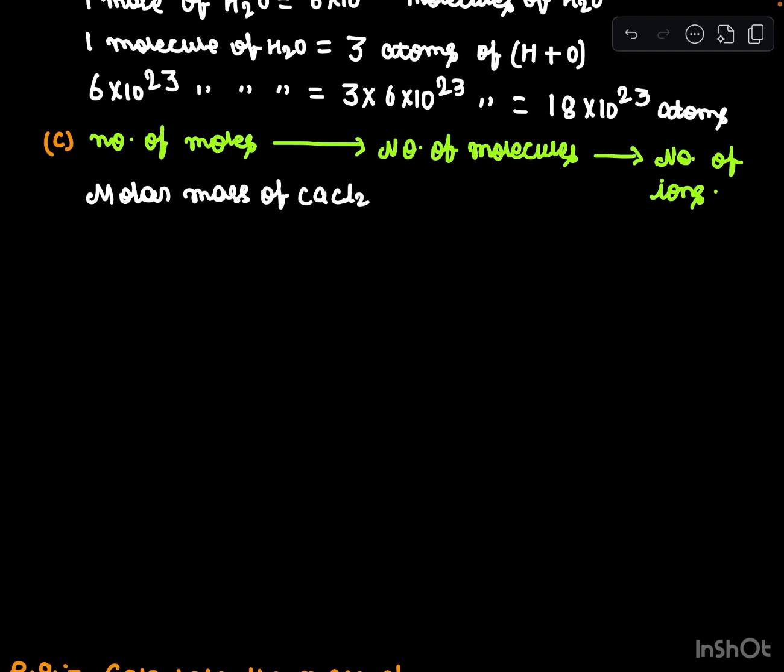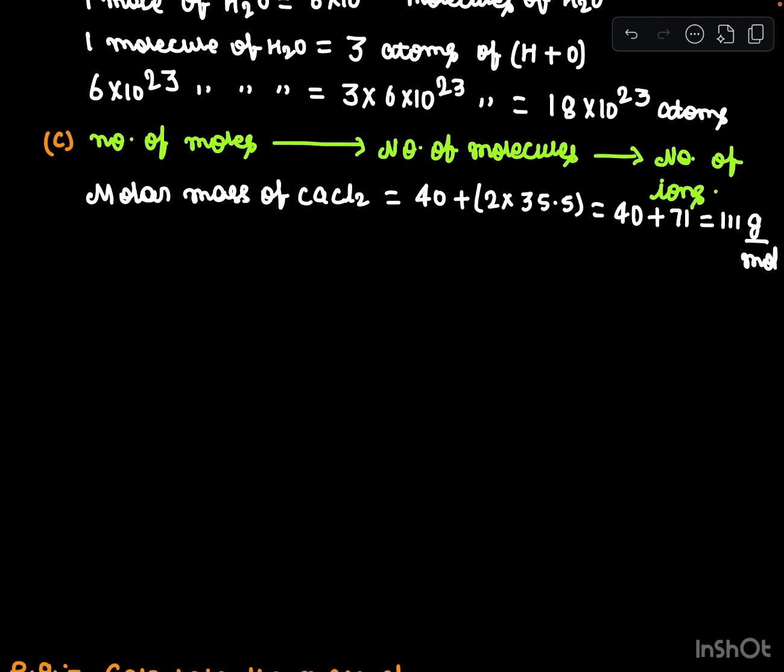CaCl2 is equal to calcium 40 plus chlorine 2 into 35.5. Okay, so it will be 40 plus 71, which is equal to 111 gram per mole. Now number of moles.